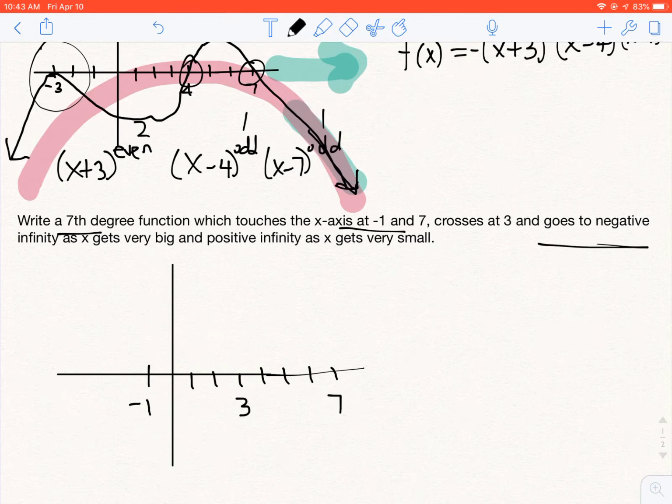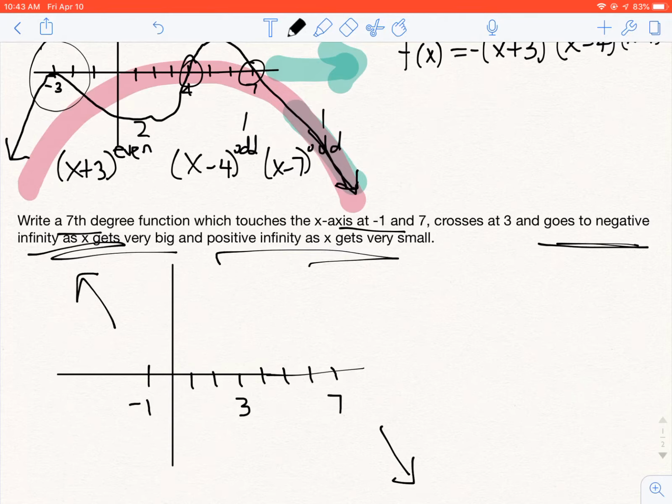And goes to -infinity as x gets very big. So it's going to go to -infinity as x gets very big, and positive infinity as x gets very small. So that means it's going to go that way, positive infinity as x gets small. All right, which is good because it's odd. It's supposed to be. It's 7th degree.